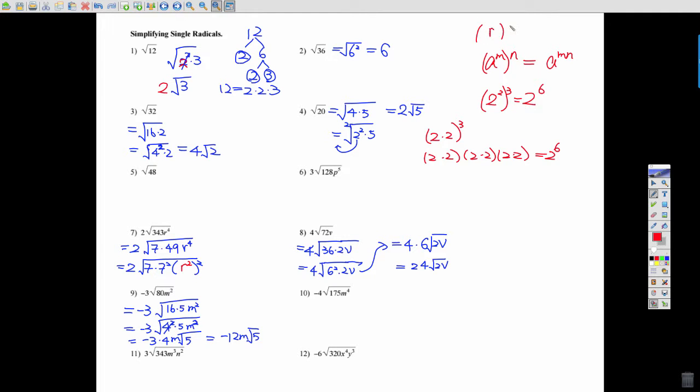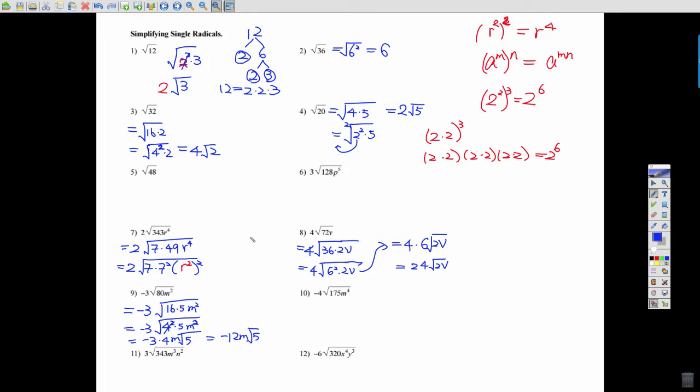If I have r raised to the 4th power, I already know I want a perfect square there. So 4 divided by 2 is 2. That's how I got this r squared here.